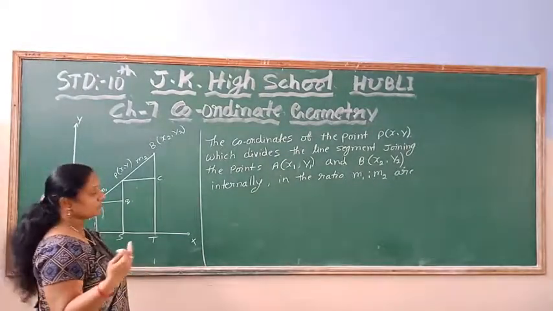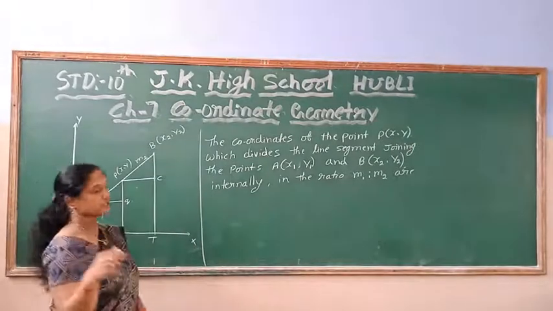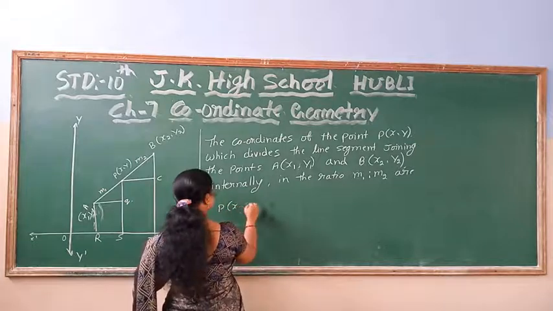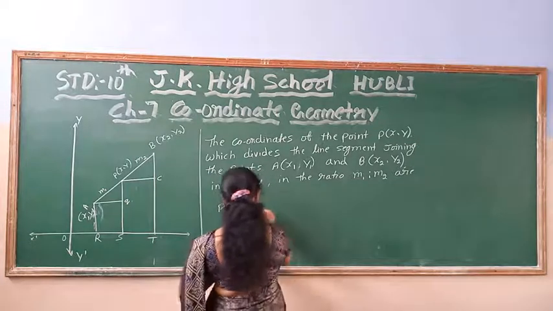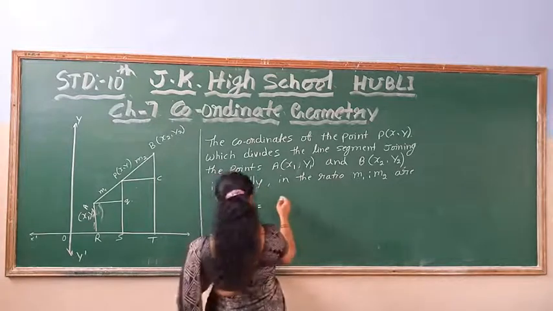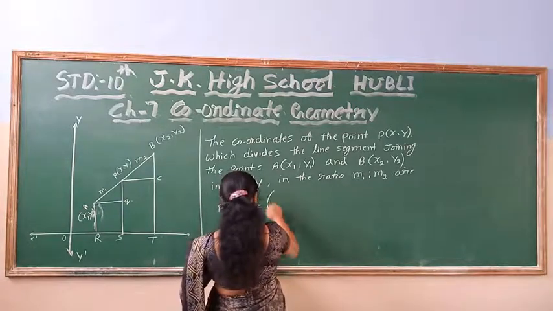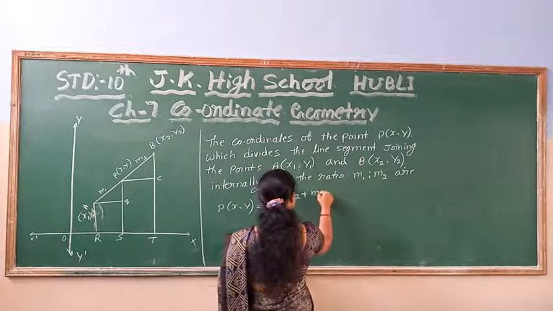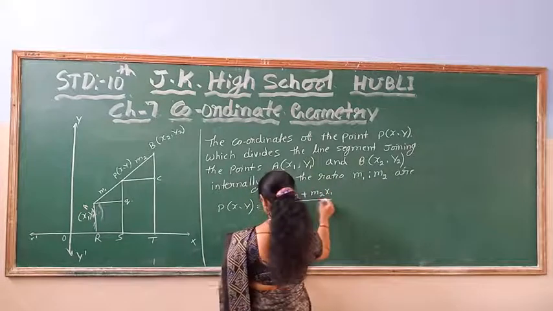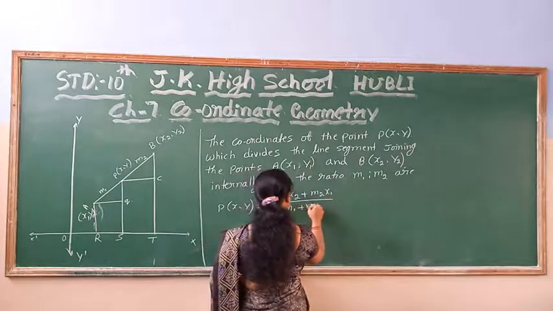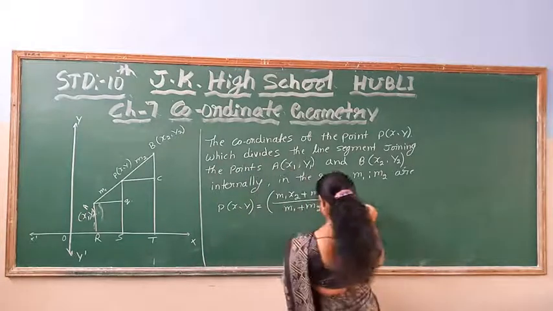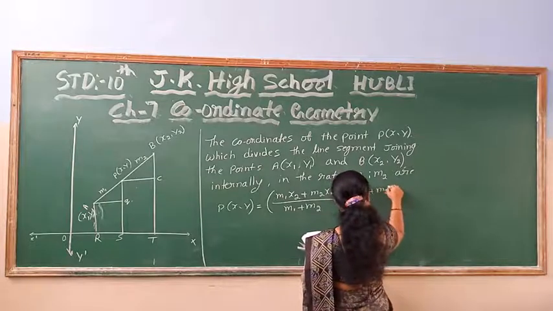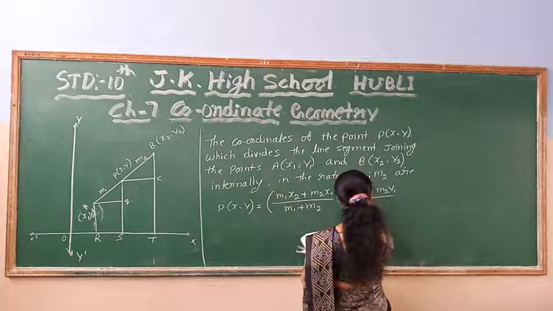I can find the coordinates of P by using the section formula: (m1 x2 plus m2 x1) divided by (m1 plus m2), comma, (m1 y2 plus m2 y1) divided by (m1 plus m2).